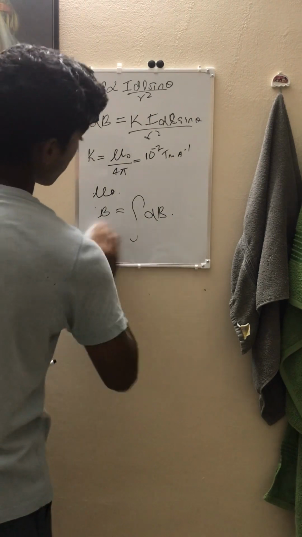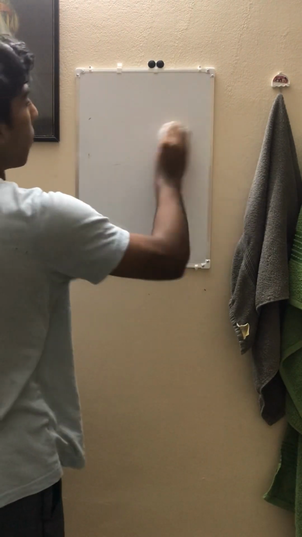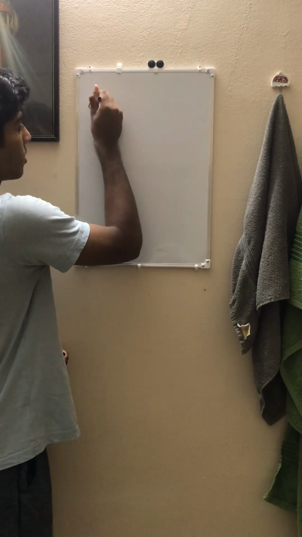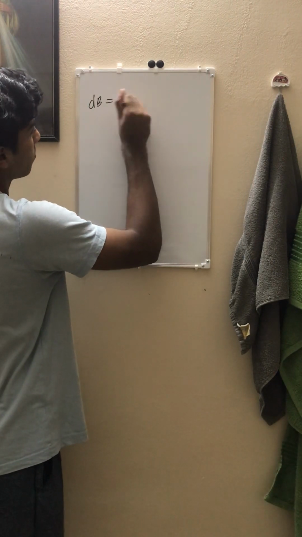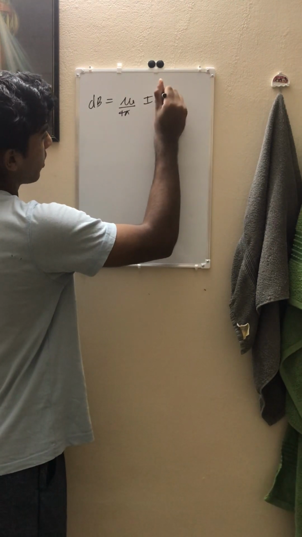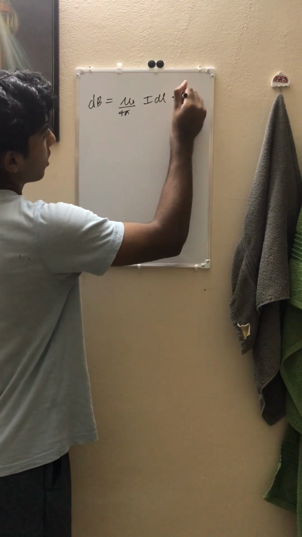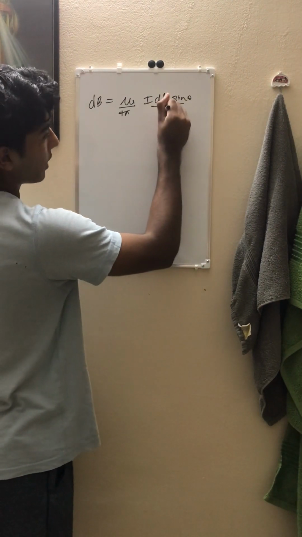Now I want to represent the Biot-Savart law in vector form. So what is Biot-Savart law? We learned Biot-Savart law: directly proportional to the current carrying element, the sine of the angle between dl and r, and r square.